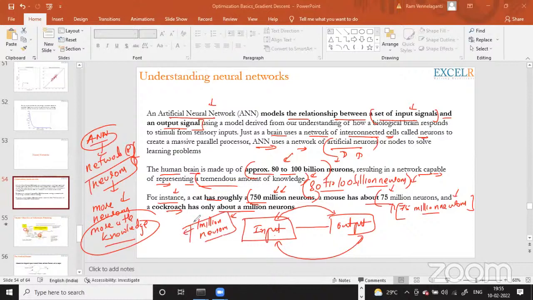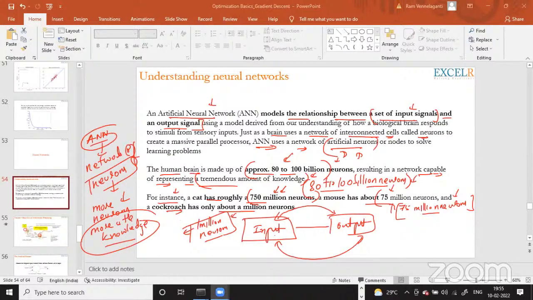So this is what we have to understand: the more neurons, the more complicated is our network and the more knowledge your network is capable of. That is very important for us.